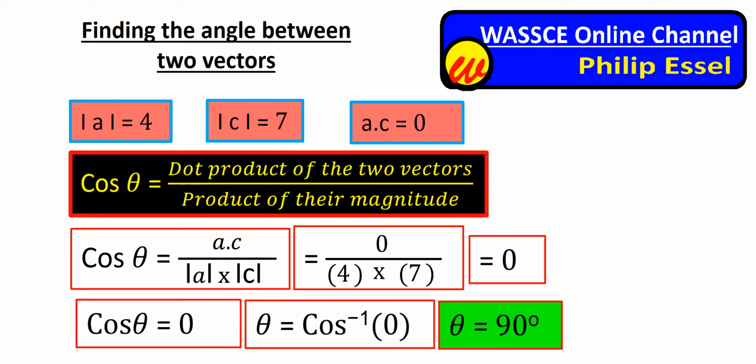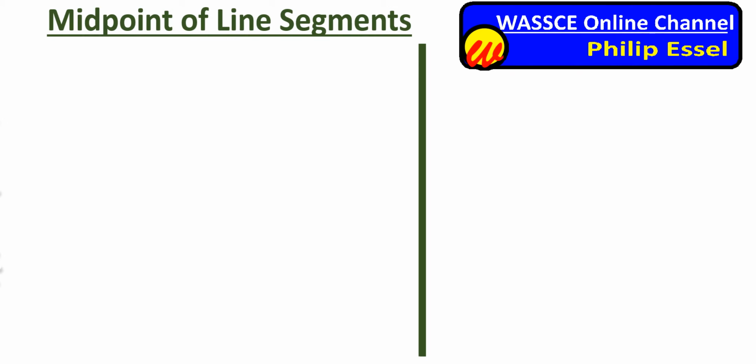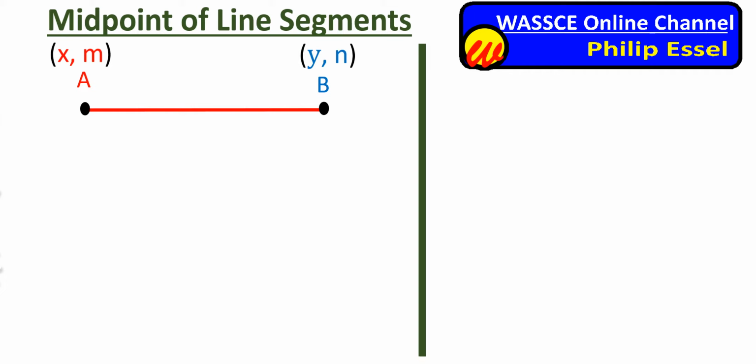Well, let's move on to the midpoint of a line segment. Midpoint of a line segment. Now let's draw the line segment AB. So we have the line segment AB with the following points. The coordinates of the point A are x, m, and the coordinates of the point B are y, n.